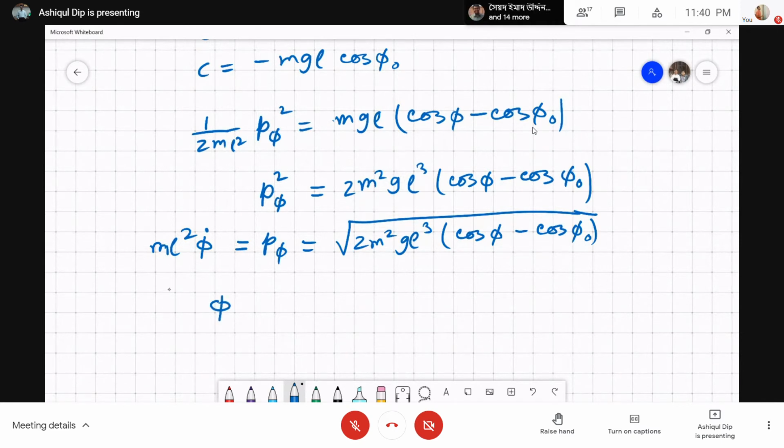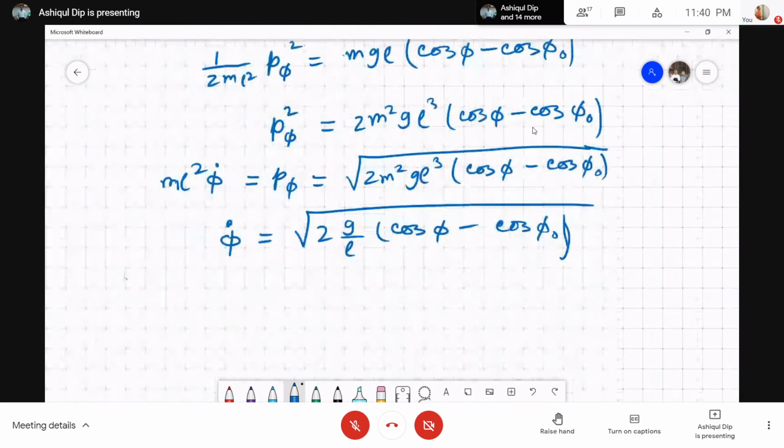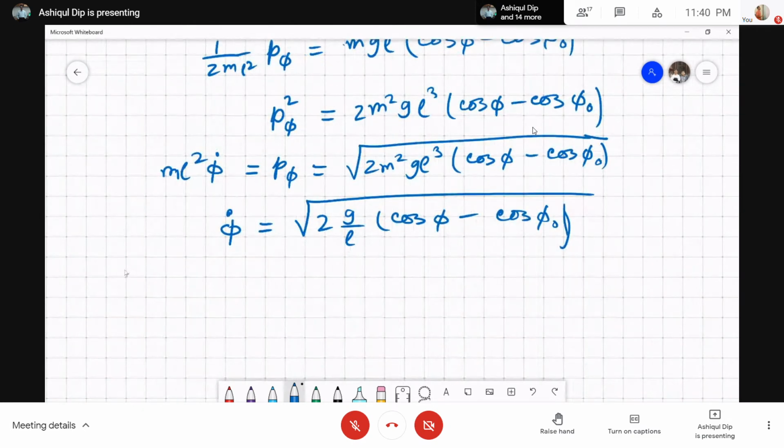So phi dot equals the square root of 2g by l times cosine phi minus cosine phi naught. So far we did not make any mistake, right? Everything cancels out. And you could also consider a small angle approximation here and you'll see that this is basically correct.